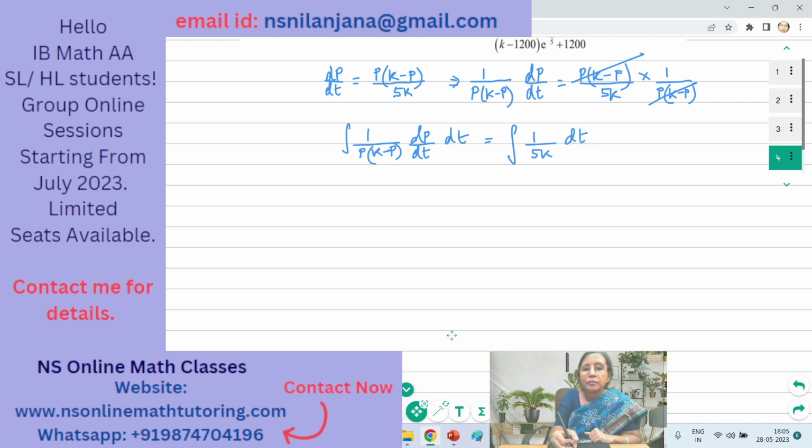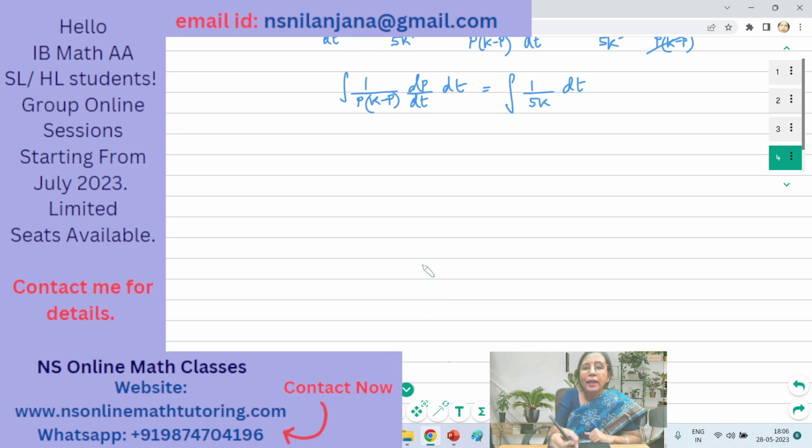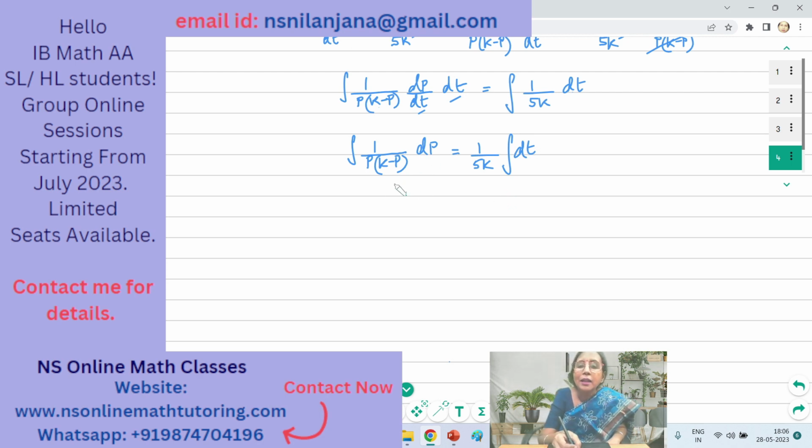Okay. And these two will be getting cancelled. So we are having 1 over P times (K minus P) dP is equal to, I can take out this 1 over 5K because it is a constant, 1 over 5K dt.